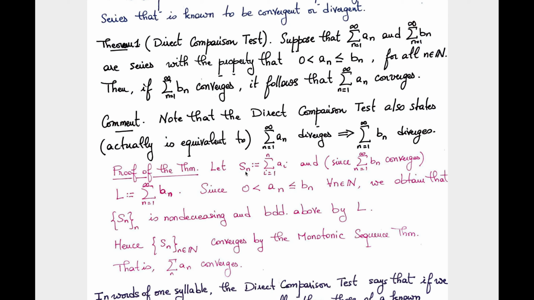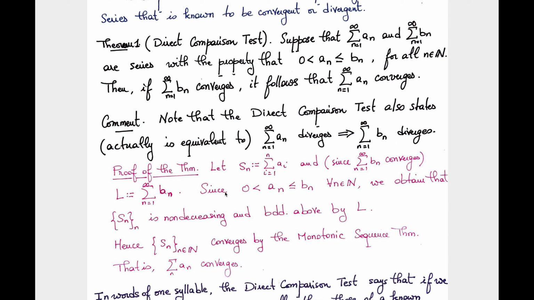Concretely, Sn is defined to be the sum of all the Ai where i runs from 1 to n. So Sn is A1 plus A2 plus A3 all the way to An. Furthermore, I know that this series is convergent, which means this sum is a finite number. Let's call it L. This L is a finite number, which is representing the sum of the series.